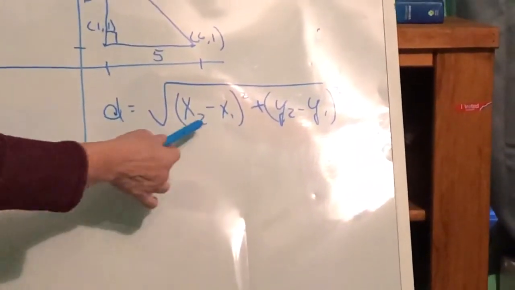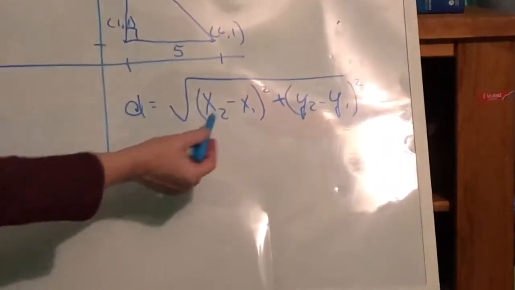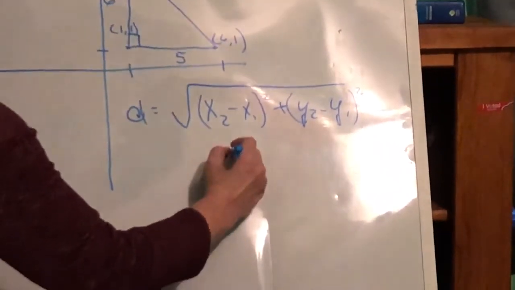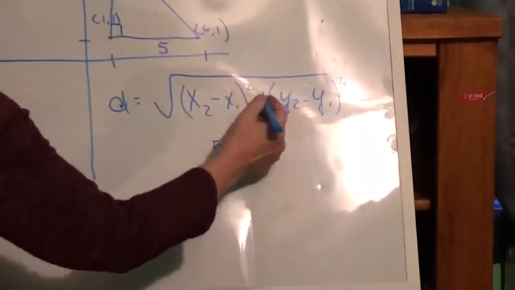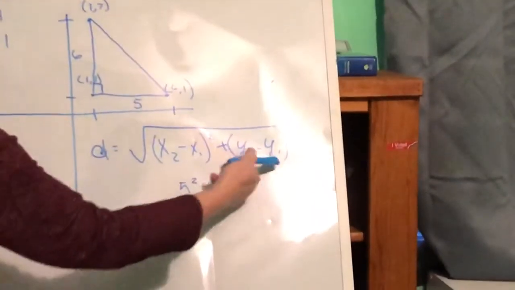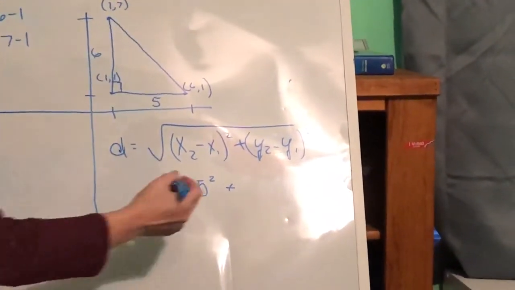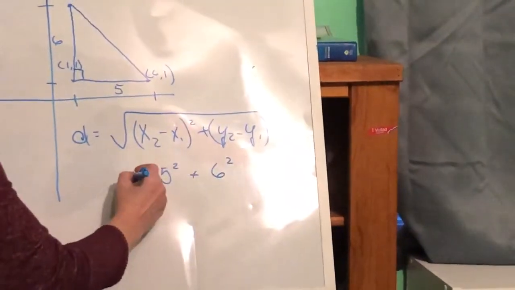So if you think about it, the difference between the x values, the 6 and the 1, gives us the distance on the horizontal, which is basically 5, and we're squaring that. We're adding the distance on the y, from 7 down to 1. So that gives us our 6, and that's being squared.